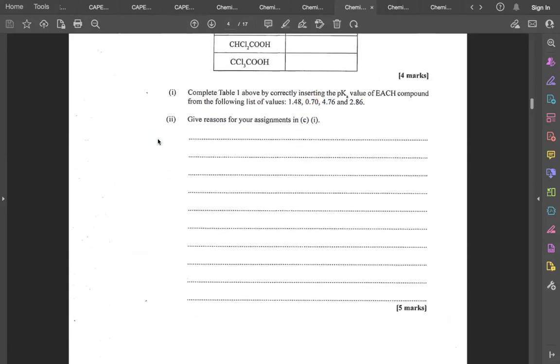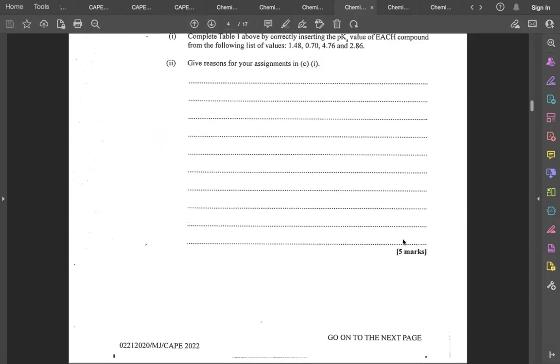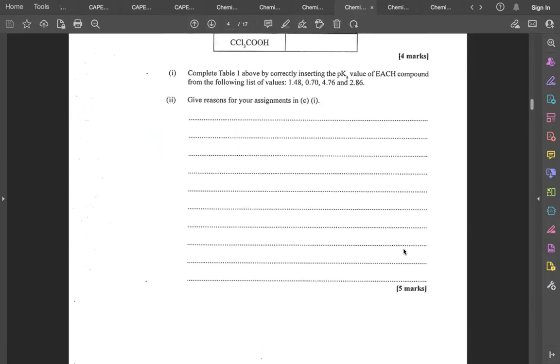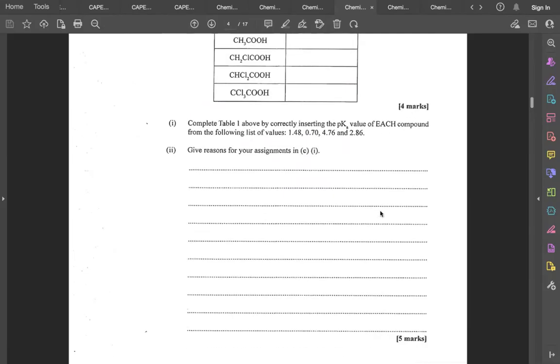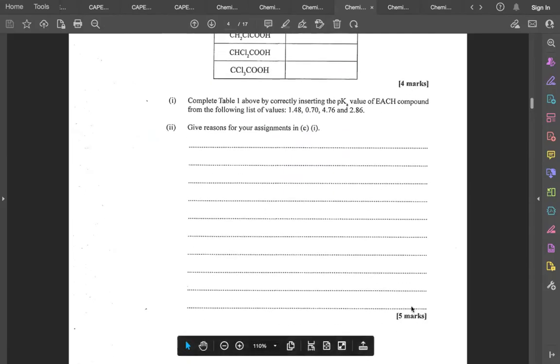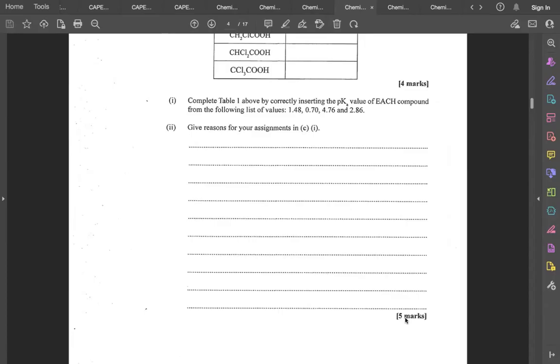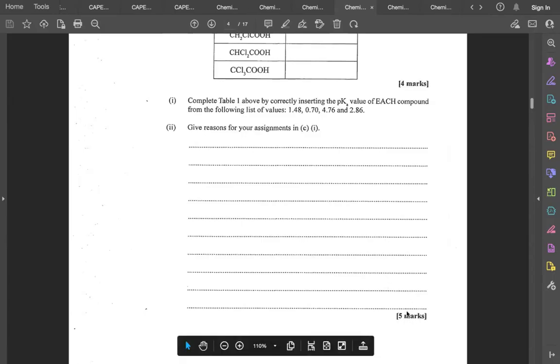That was for 5 marks, guys, so you see the level of detail. Filling out the table correctly is 4 marks, and giving the reason is 5 marks. So you have to make sure that you hit all the key points: talking about the electron withdrawing and how that makes it a stronger acid, and then correlating the strength of the acid to the pKa. Those are your key points to get the 5 marks, okay?